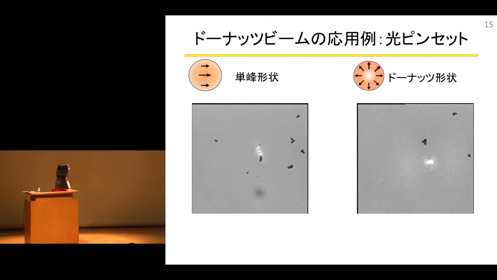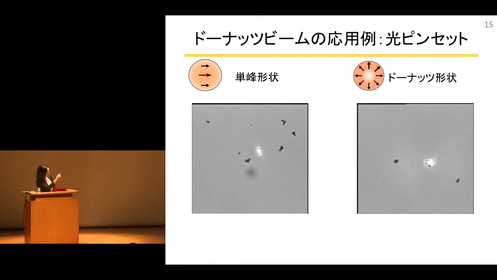First, let's look at what happened with the single lobe. As the light approaches, as the metal reflects light, we couldn't capture the metal tungsten. But on the other hand, in the case of the donut beam, when the beam approaches the metal, it can capture the metal.